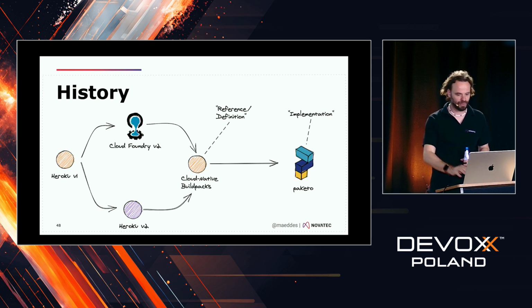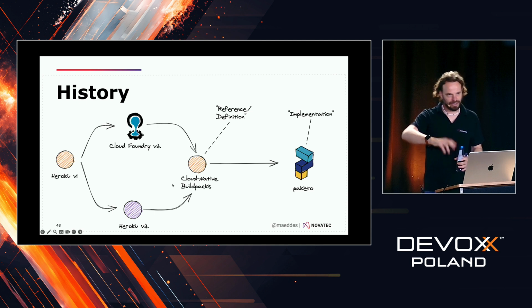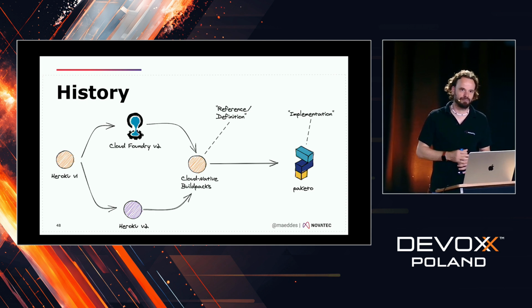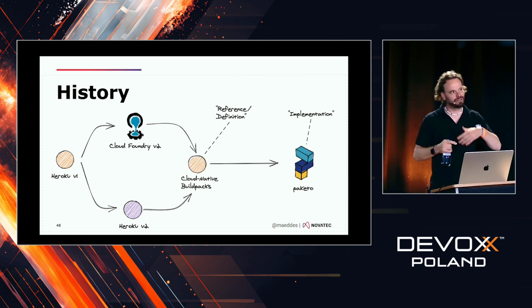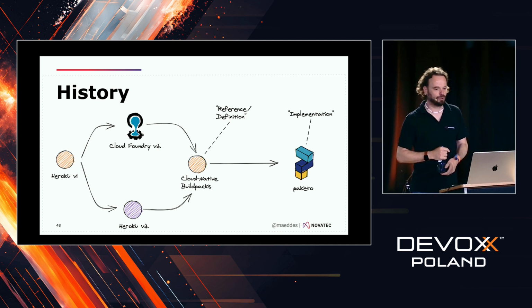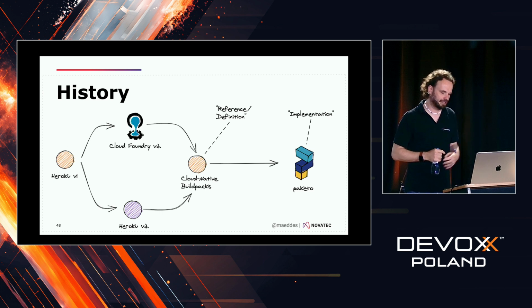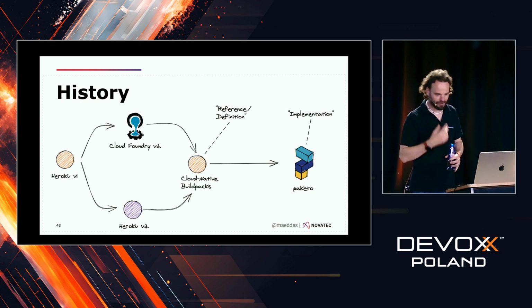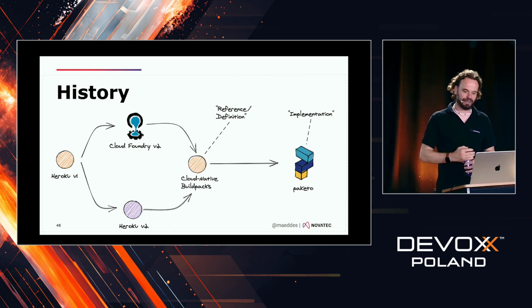Now, somewhere in between, in the timeline, there was suddenly that major disruption when Docker came to life and basically took the world by storm, and then even more popularity through Kubernetes, and everybody just wanted to have container images. And so the people from Buildpacks said, okay, we already have a mechanism to build those images in a standard way.